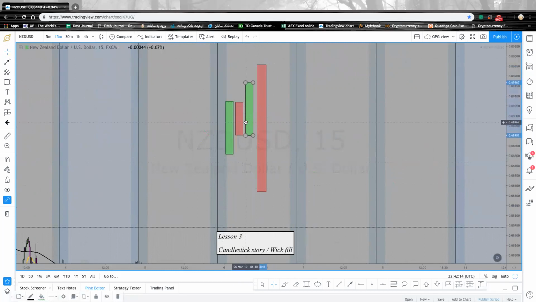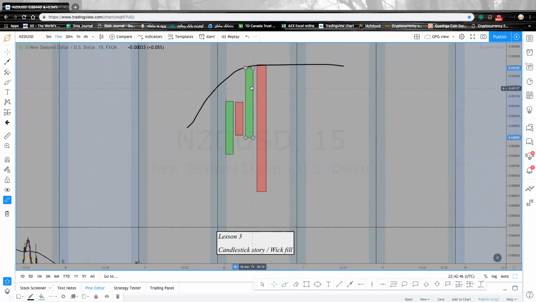But in here I will talk about the story of candles when they are in a specific zone. For example, they're near a moving average, they are near an important zone. Okay, so let's say we have a moving average that is going like this.